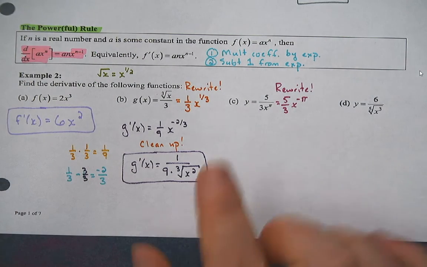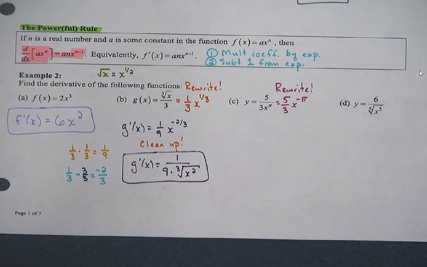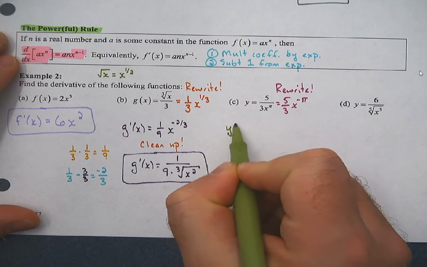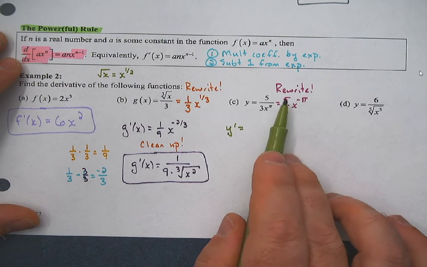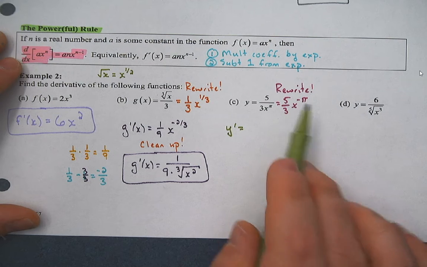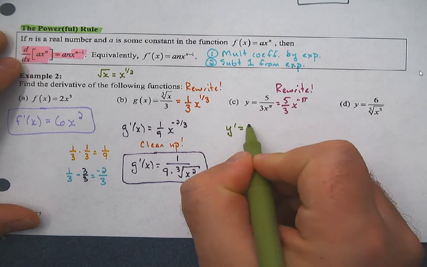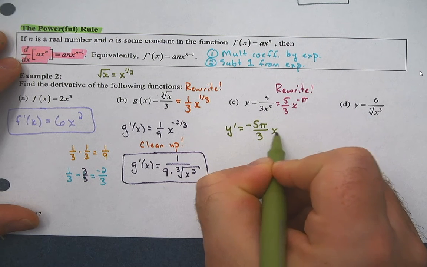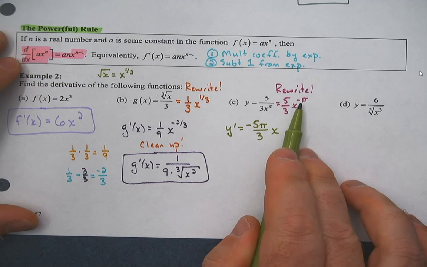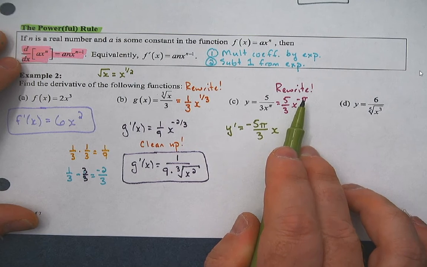Now that I have it in this format, I can follow the derivative shortcut, which says y prime equals, which says take the coefficient and multiply it by the exponent. So 5 over 3 times negative pi would be negative 5 pi over 3. X to the, and then the second part is I would subtract 1 from this exponent.